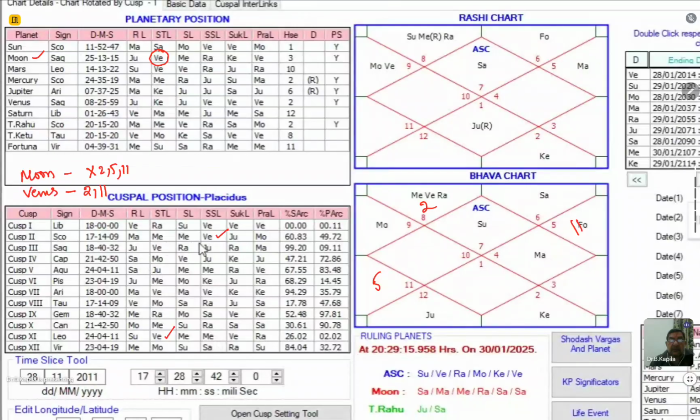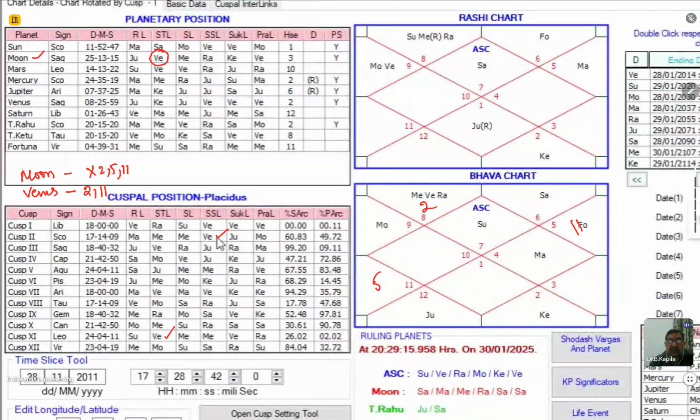So moon is neither in 2, nor in 5, nor in 11, nor is it posted in 2, 5th, or 11. It means that moon is not satisfying the first condition, which is important for the genuineness of a chart. But if moon is not satisfying the condition, we have to proceed to its star lord. Moon is in the star of Venus.